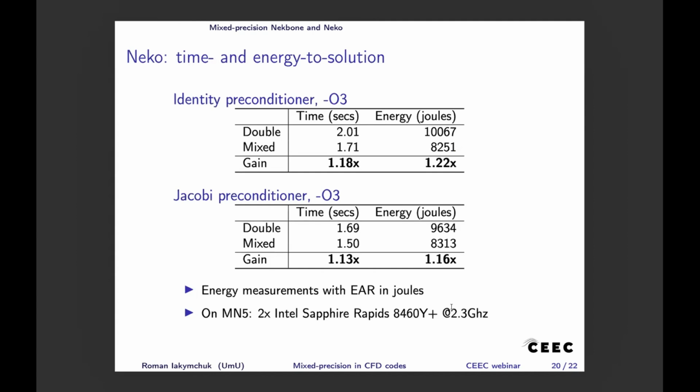Okay, and next step, we also measured execution time and energy. We can see that it was done also in the same system. We can actually cover different systems, Lumi and Mare Nostrum primarily, but we are now working on Carolina. And we can see that the best gain we got in terms of time was around 1.18x, while in terms of energy it was 1.22x.